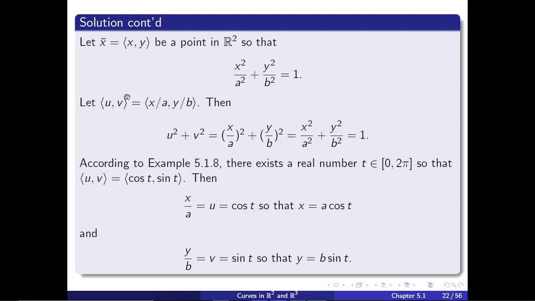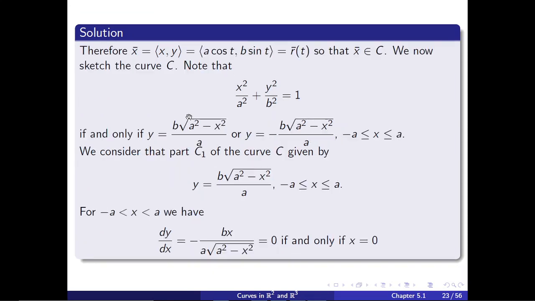Because we assumed that u is equal to x over a and v is y over b, this tells us that x can be written as r of t, which means that x is in C.